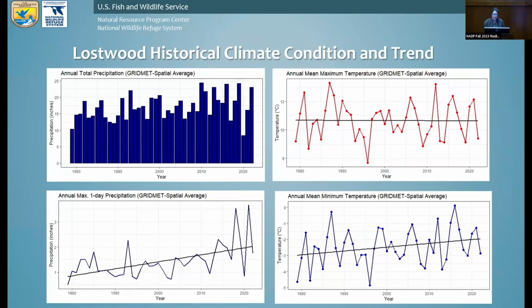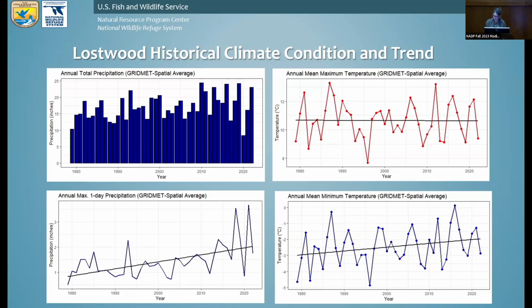So just exactly like what we did for Bosque, this is the spatial average of daily gridMET data for maximum temperature, minimum temperature, and precipitation. The temperature plots are showing the annual means. Both maximum and minimum temperature have increased, but not quite as much as at Bosque. Precipitation plots are, again, annual totals.